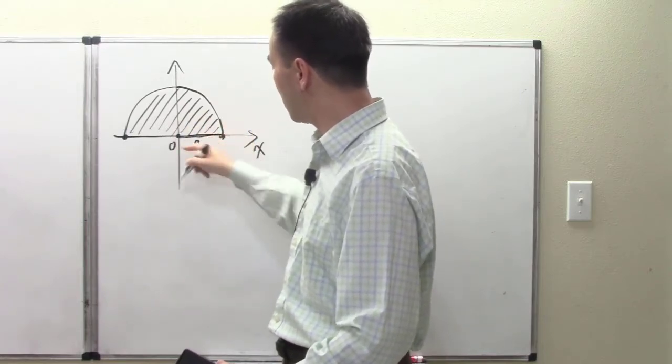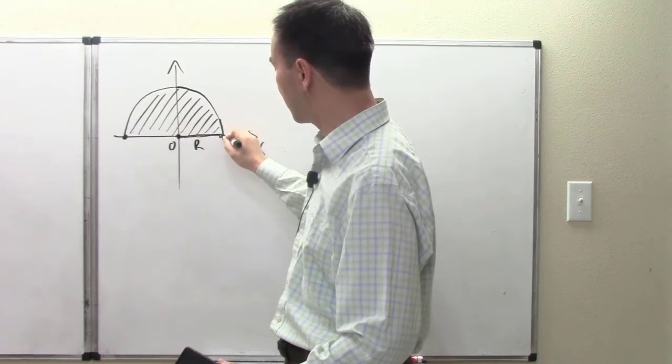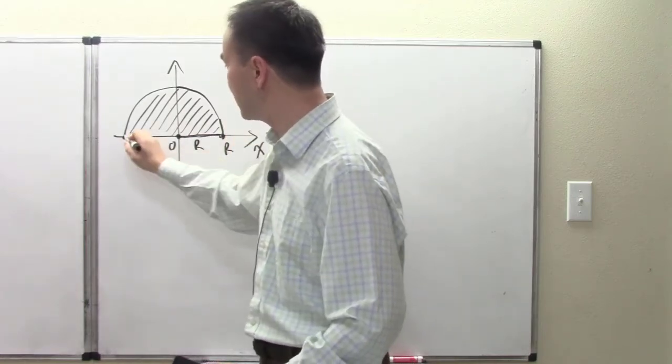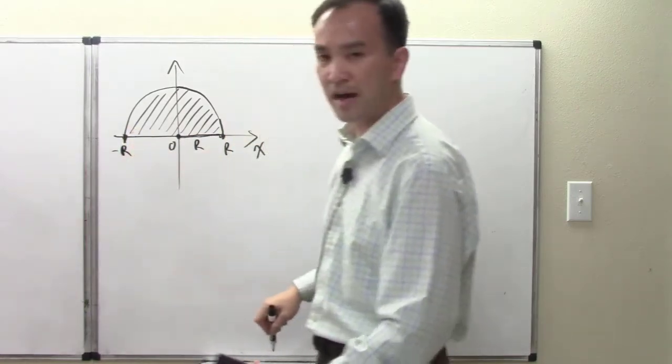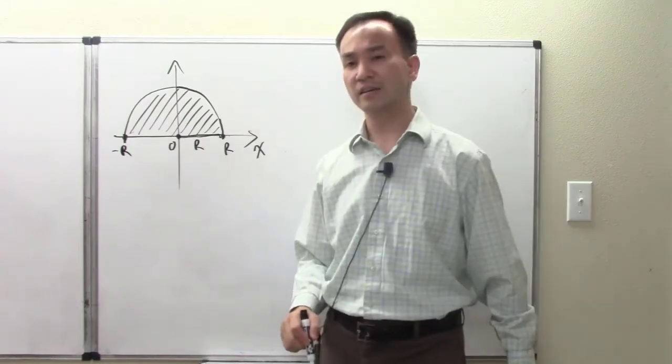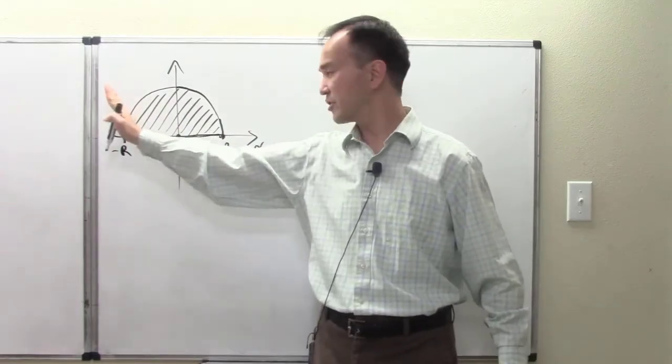So if this is r right here, then 0 on the x-axis, come out here, yes, it's r, but come back out here, the ending has to be a minus r. Okay, the left end of that region is minus r.